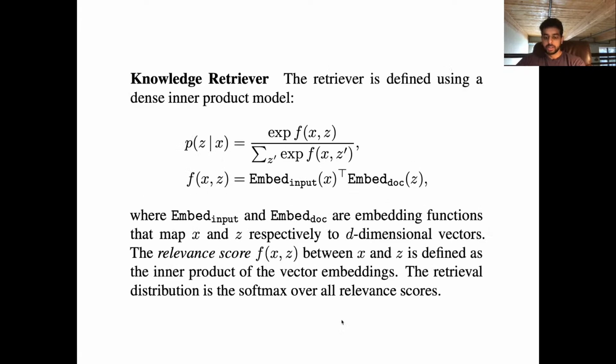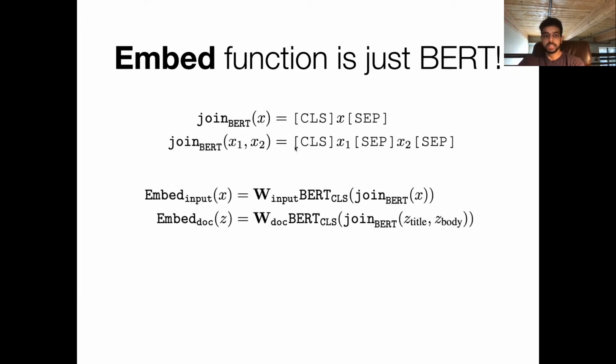Okay, so what exactly is used as this embed function that we've seen here? We get one embedding for the input and one embedding for each document. They're just going to use BERT. They initialize their embed function with a pre-trained BERT and then fine-tune it through backprop. It's pretty straightforward.